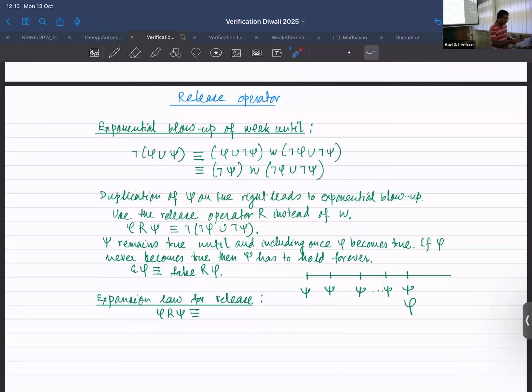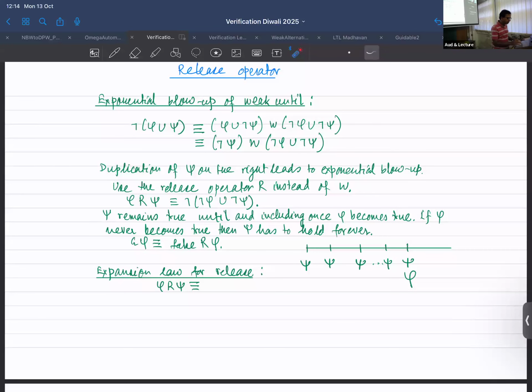Including that position where phi becomes true, psi has to still hold there. And also, if phi never becomes true, then psi will have to continue to hold forever.